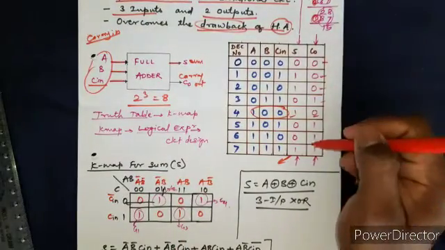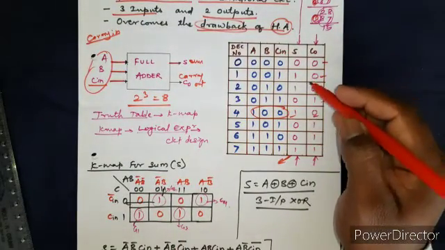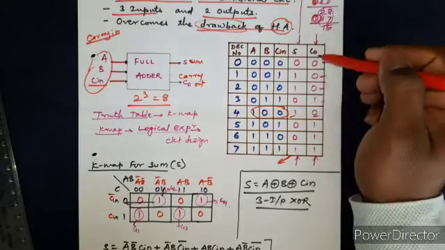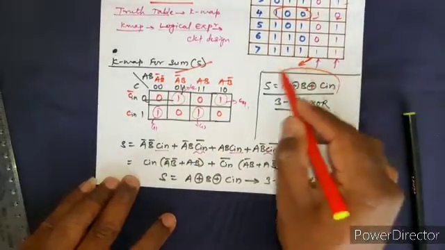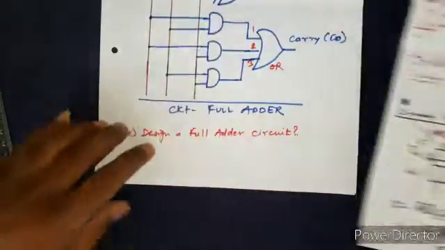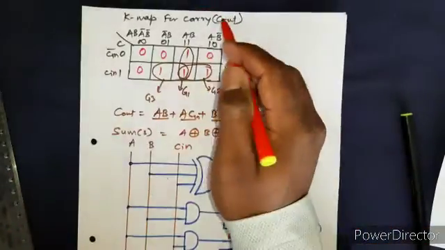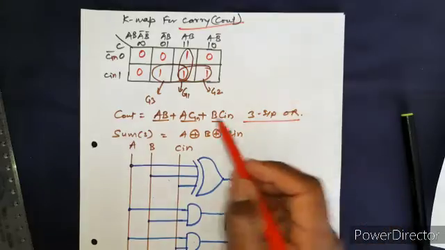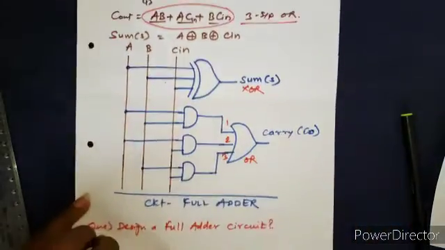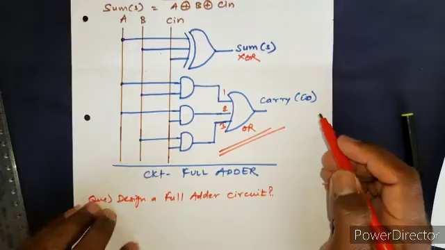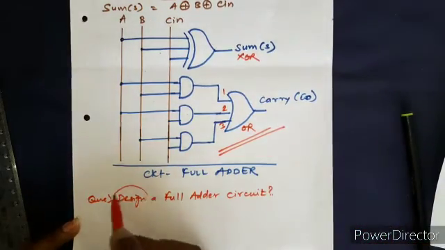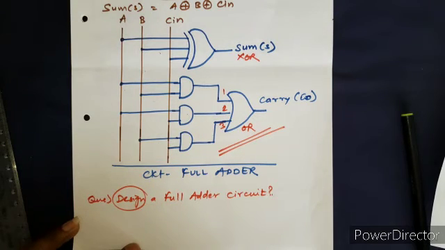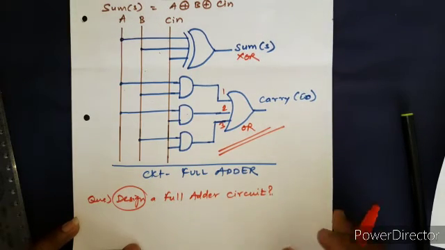This truth table is very important, right? And from this truth table, since we have 2 output columns, we have taken this K-map for sum, and from that we have derived this expression. Okay, and then we have gone for the K-map for carry, and derived this expression, and using both expressions we have designed this circuit, right? So that is what design is. Okay, I hope you understood this.